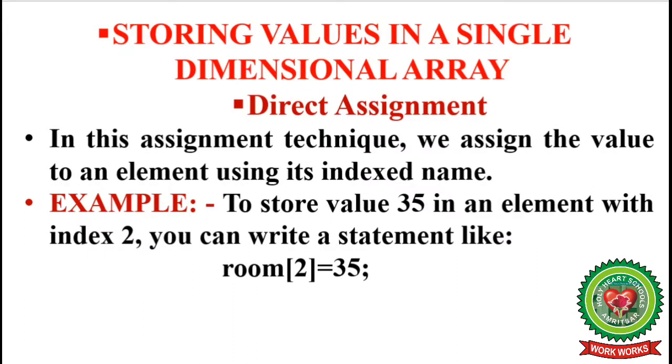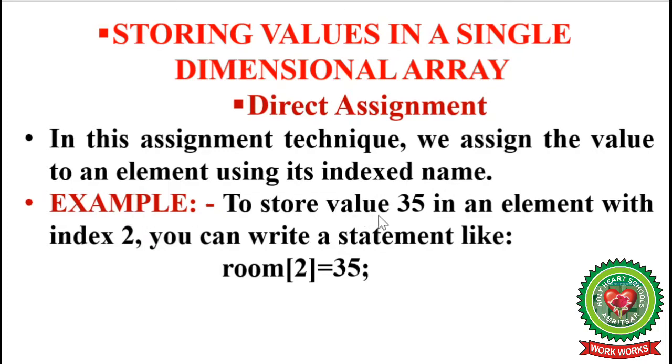Students, please open your book at page number 358. The first technique is direct assignment. In this assignment technique, we assign the value to an element using its indexed name.